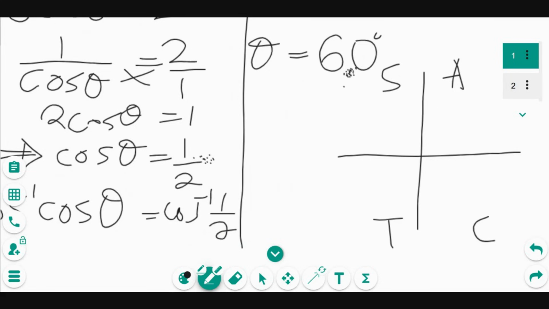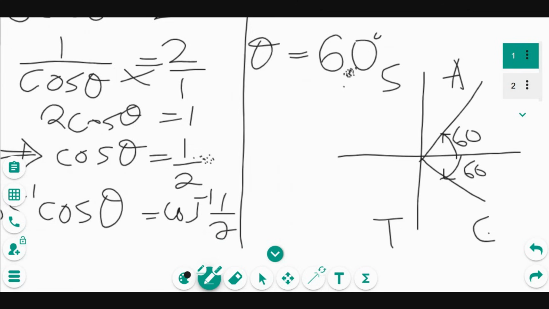Where cos is positive, automatically the first quadrant qualifies. I measure 60 degrees. Even the last quadrant also qualifies. I also measure 60 degrees from the x-axis. The rest don't qualify.